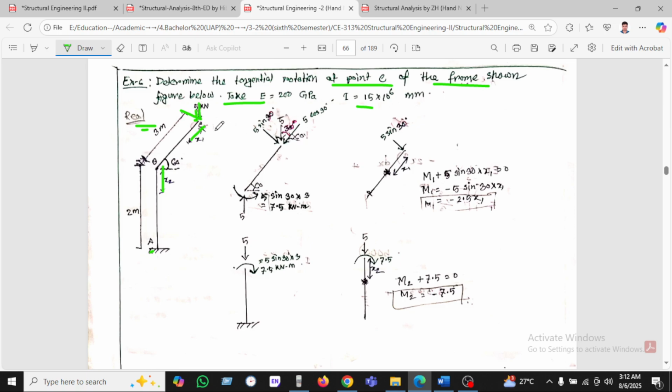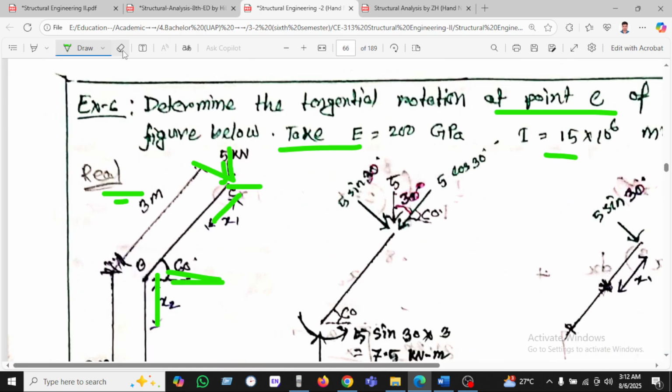As we know, this is 60, this is 60. So what will be the value of this load? Okay, I am just erasing again. As we know this is 60. If we calculate here, this will be 60, and if we take the 90 degrees, it will be 90 minus 60, which is 30.